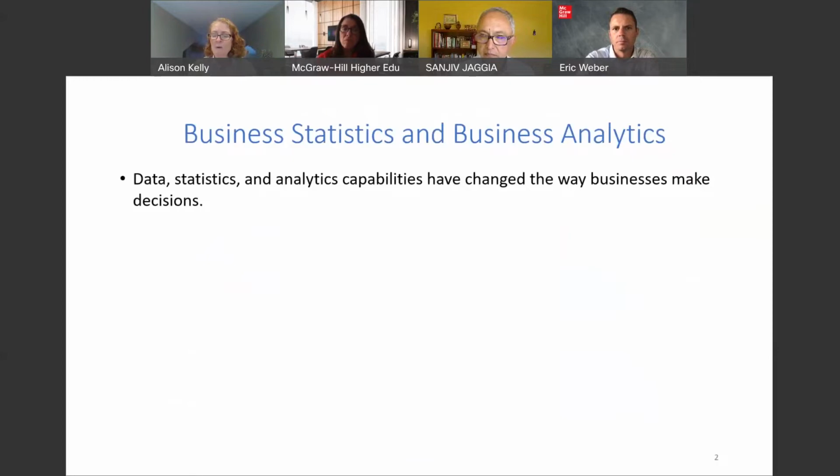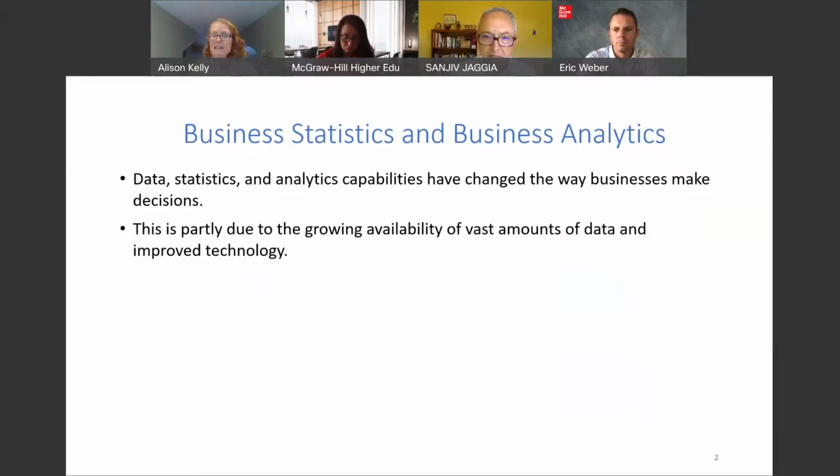And what we've seen is we have just an abundance of data and improved technology that's allowing businesses to make decisions in a different way.